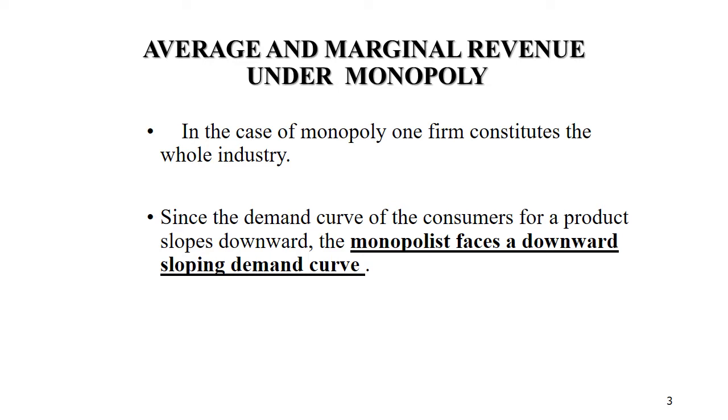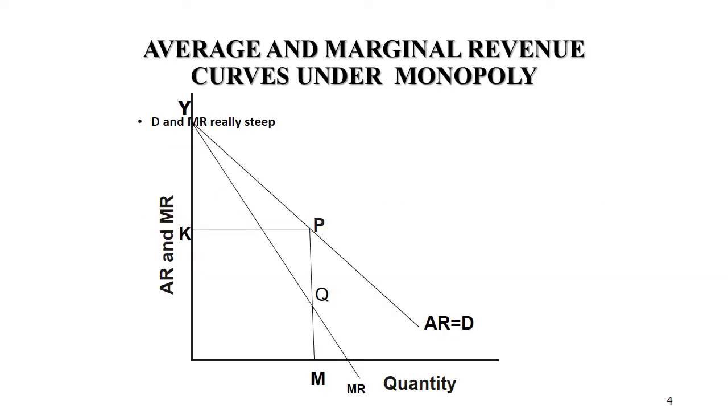Since the demand curve of the consumers for a product slopes downward, the monopolist faces a downward sloping demand curve. As usual, the demand curve of the monopoly market structure is also a downward sloping demand curve. Demand or AR curve.